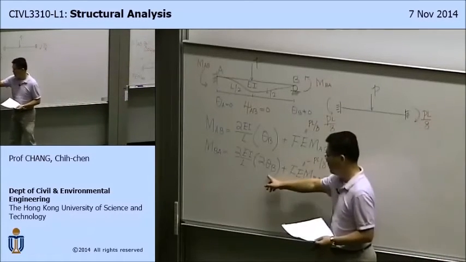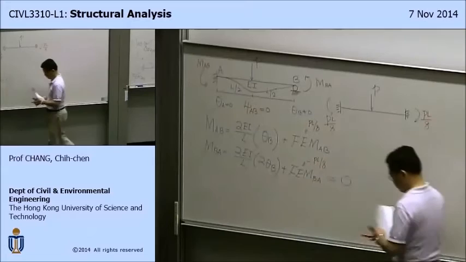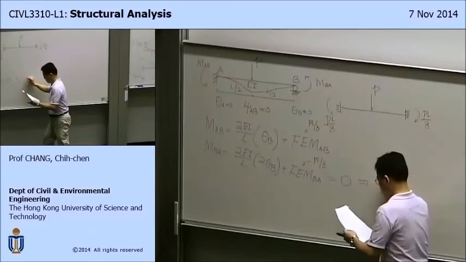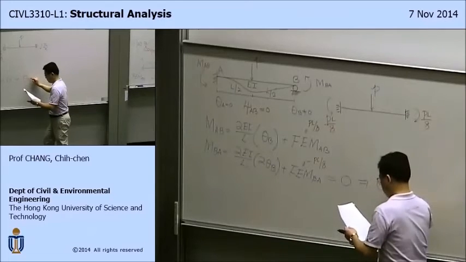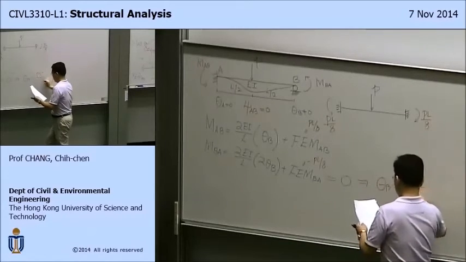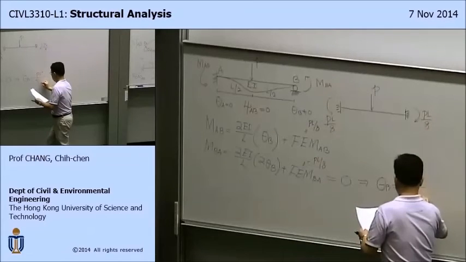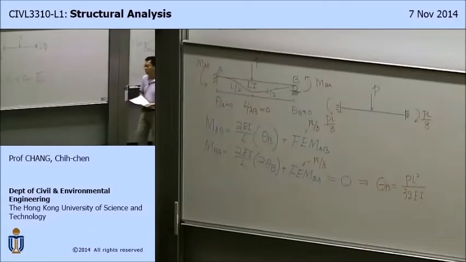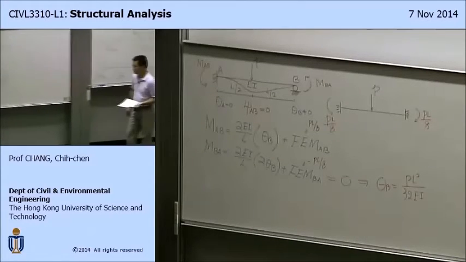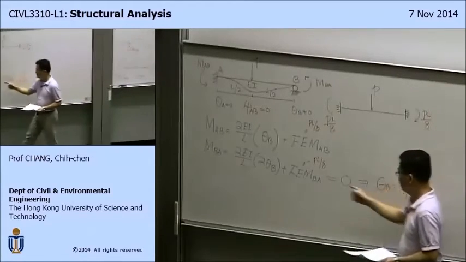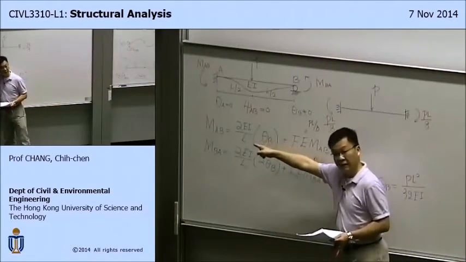You can find theta b. So you find theta b. Now, after you find theta b, you take that, substitute in here, you find MAB.